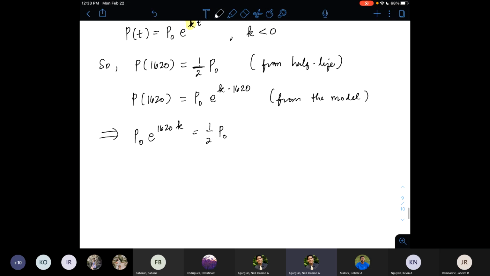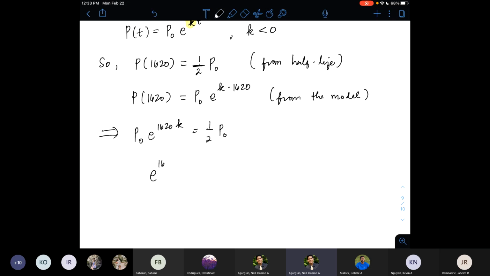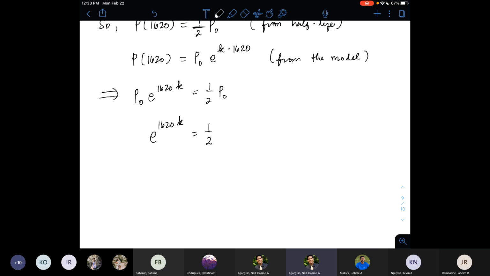And now let's solve for k. Well, I can divide both sides by P sub 0, and we'll just have 1/2 on the right-hand side. And that's why P sub 0 is not important for half-life problems, because when you are solving for k, P sub 0 will be canceled from both sides. Okay. And then we need to free k out of the exponent. So I take the natural log of both sides.